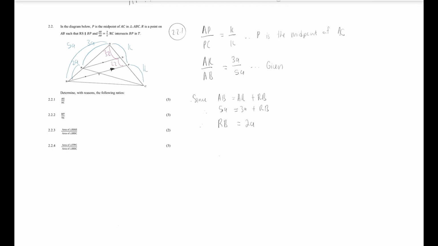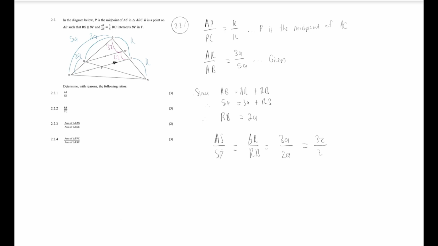Then I say my AS over my SP is going to be equals to my AR over RB, which is equals to, we know that AR is 3A over 2A. But then since we are using the variable Z, I'm going to say this is 3Z over 2Z, right?